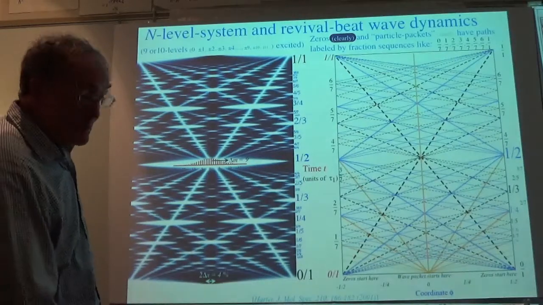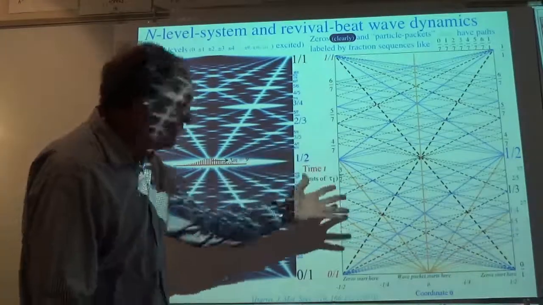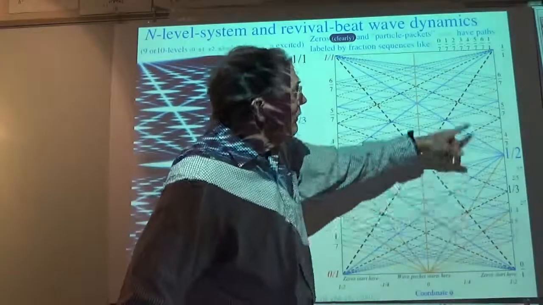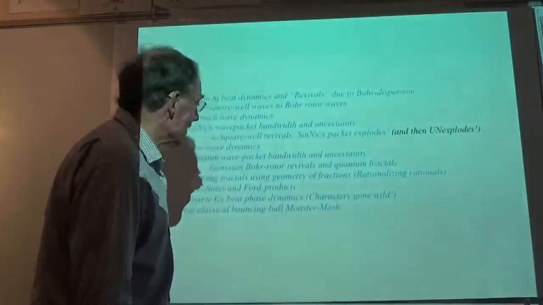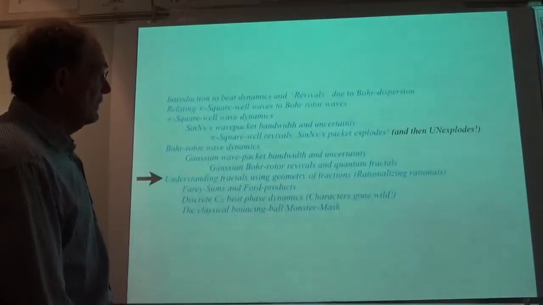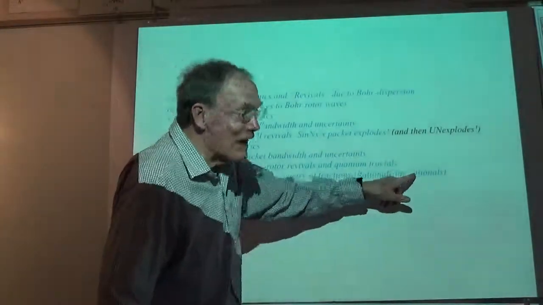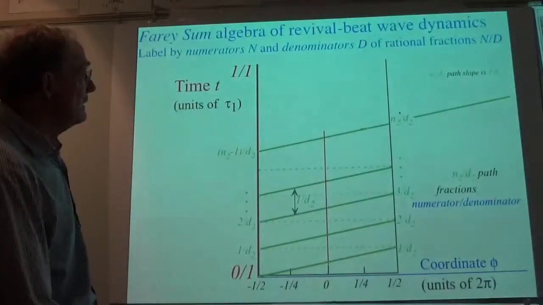Now we've got to figure out what this is doing. How do those fractions all fit together? This is where we need to understand fractals. And this is, as I call it, rationalizing the rationals. Okay?